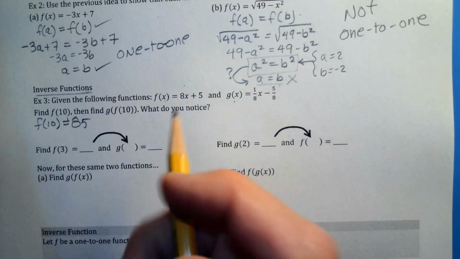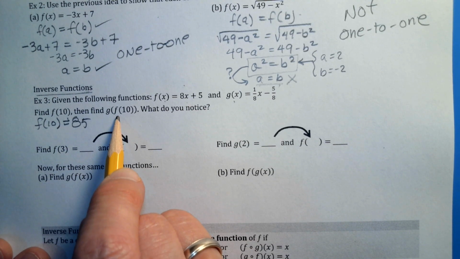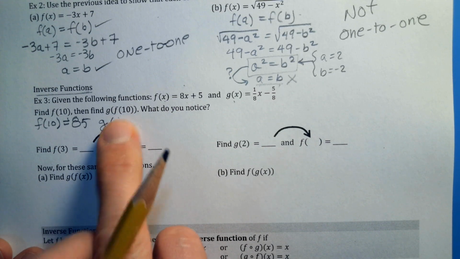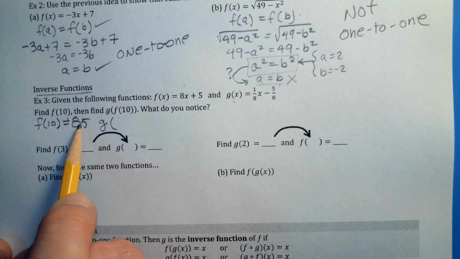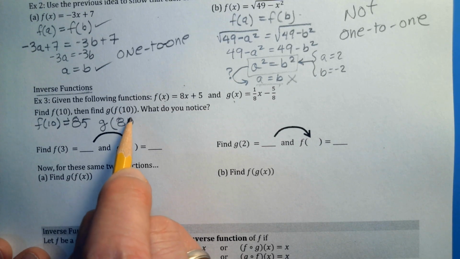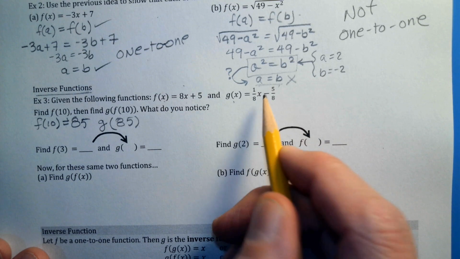Okay. Now find g of f of 10. So that's the composition, right? The output for f of 10 was 85. So now g of 85. So we put 85 into g.